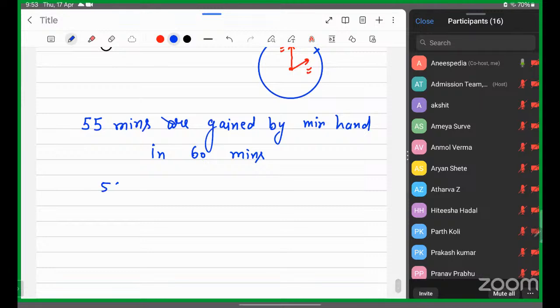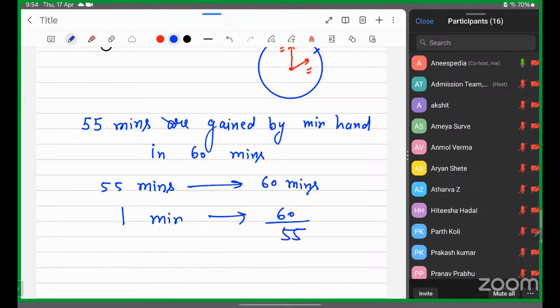So 55 minutes will be covered if it moves 60 minutes, which means for 1 minute it will be 60 by 55.